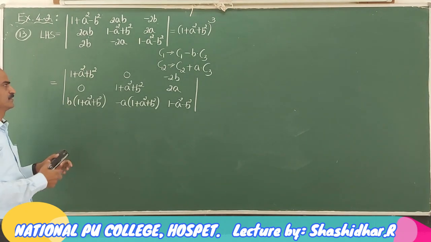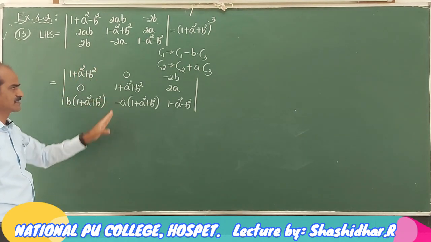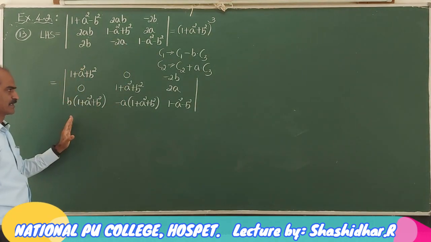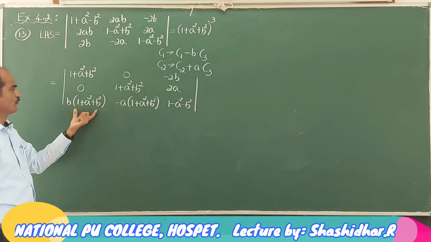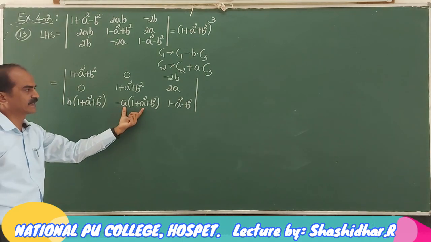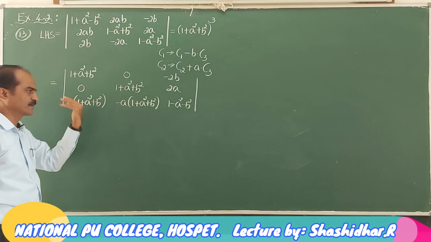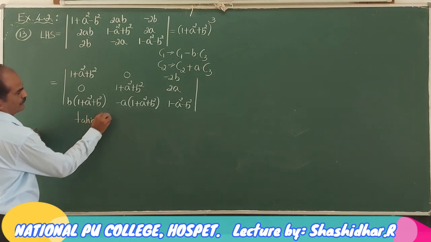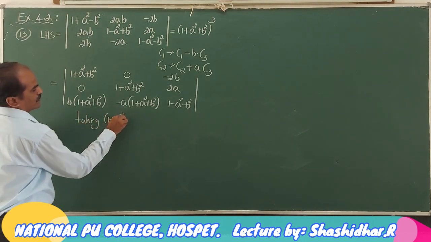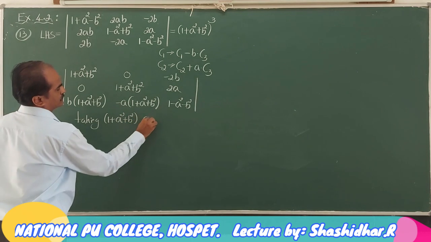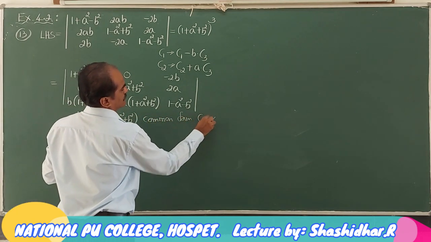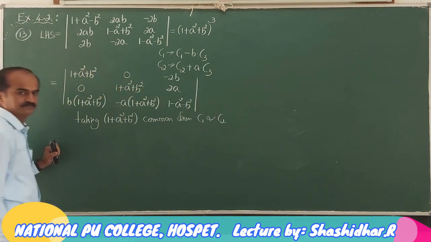Now if you observe, first column, second column, those two columns we altered. After this column operations, I am able to see 1 plus a square plus b square factor common. So I can take them common. So write taking 1 plus a square plus b square common from C1 and C2.